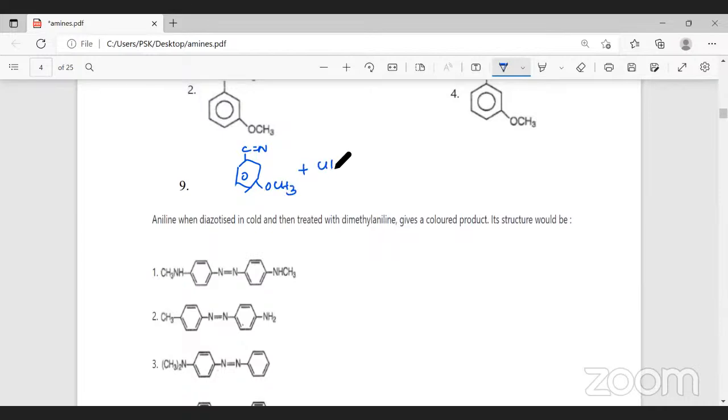This, when allowed to react with the Grignard reagent, methyl magnesium bromide, what happens is magnesium gains electropositive character and carbon gains electronegative character. And here, nitrogen is electronegative, carbon is electropositive. Therefore, magnesium attacks nitrogen and the CH3 attacks this carbon.